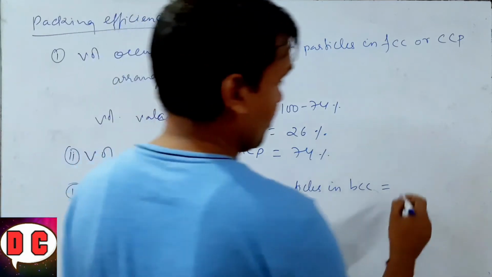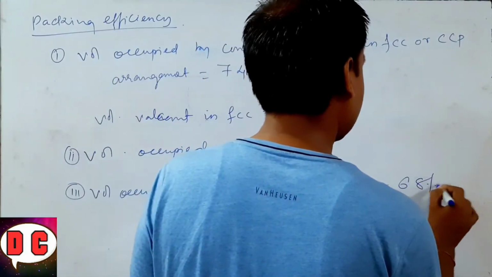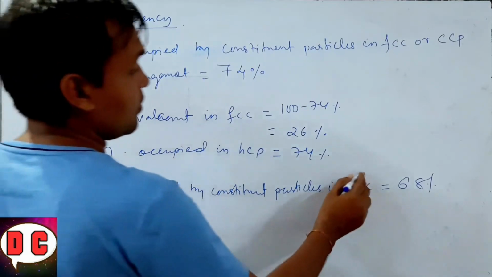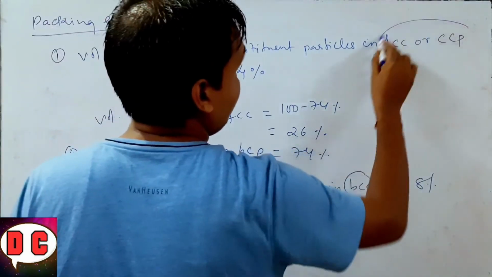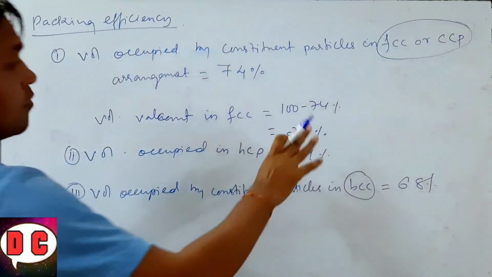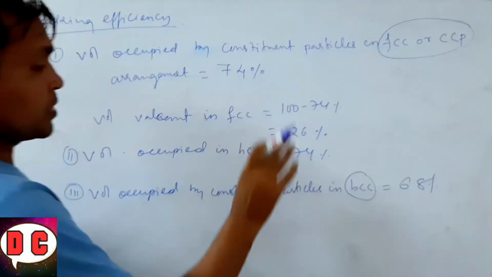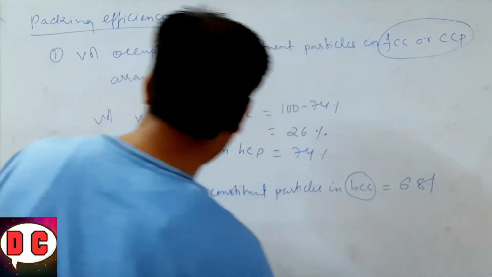So how much percent is occupied in BCC structure? It is 68%. This one is very, very important to remember. Dear students, FCC 74%, HCP 74%, CCP 74%, BCC 68%.